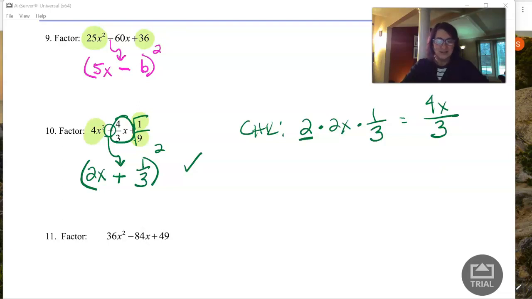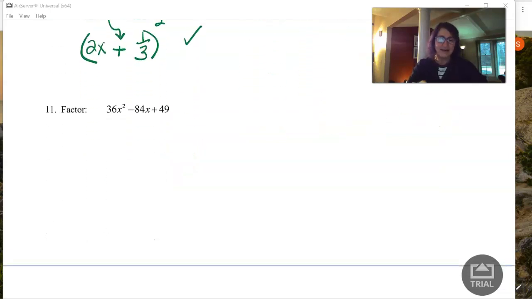All right, let's try number 11. Okay, it should be this fast. I see that I have a perfect square with the 36. I have a perfect square with my 49. So I'm going to go ahead, take that binomial, raise it to the second power.